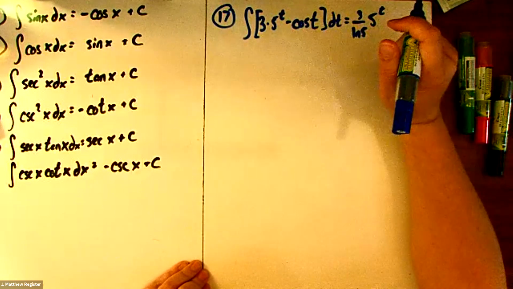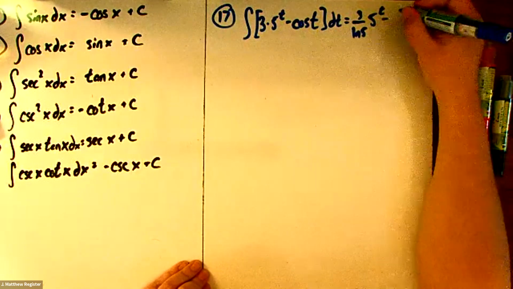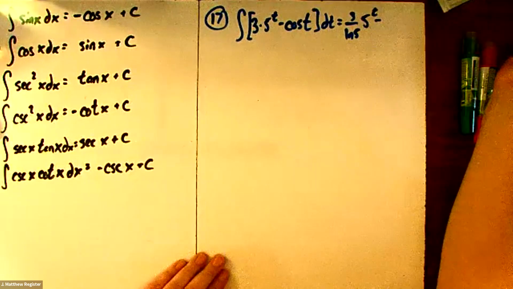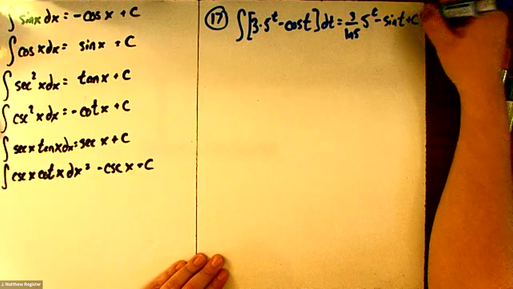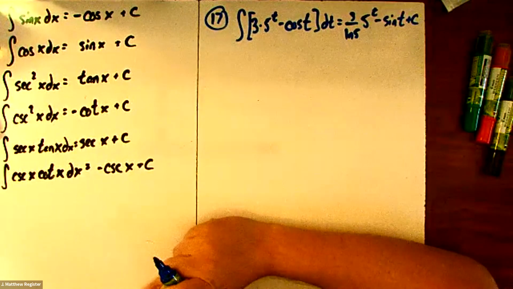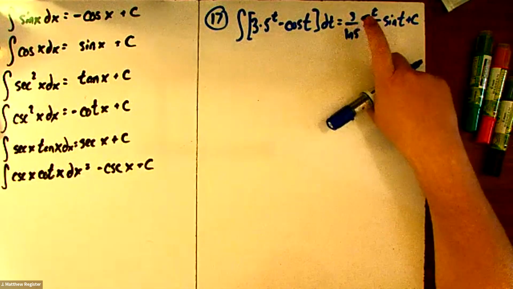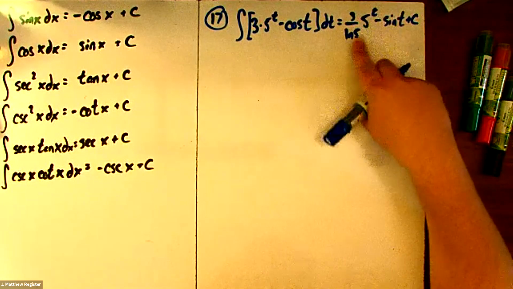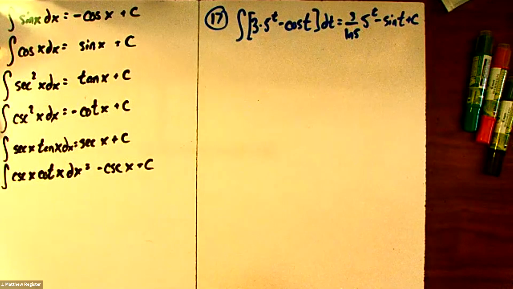For the cosine function, we know the antiderivative of cosine is just sine. And so the minus sign will just hang out. Plus c. And if you want, double check, derivative of 5 to the t would be a natural log of 5 times 5 to the t. Natural log of 5s would cancel out, and you'd be left with that 3 in the front.